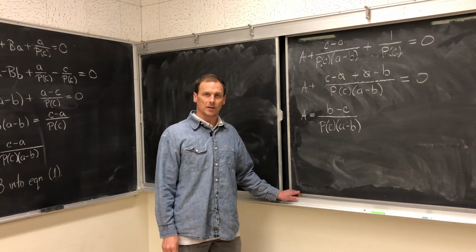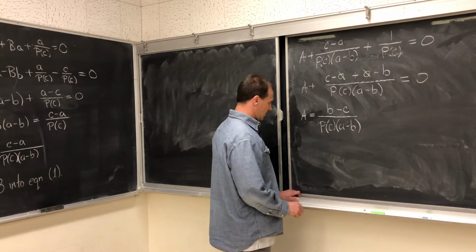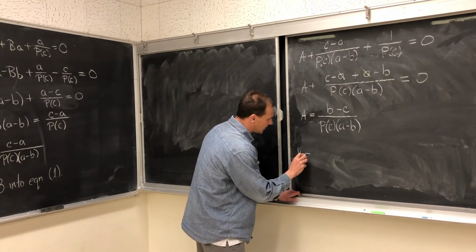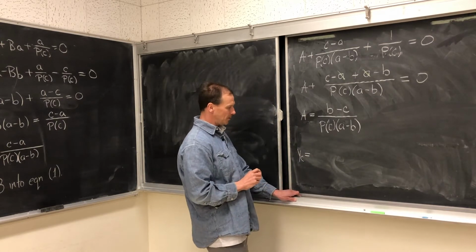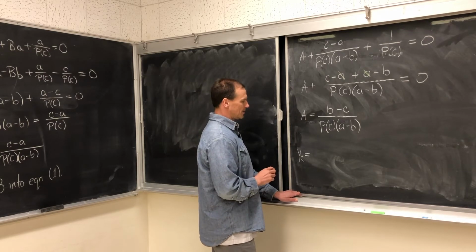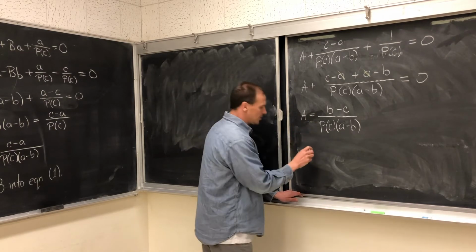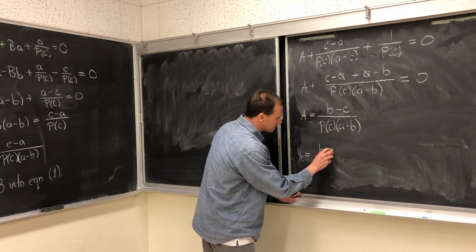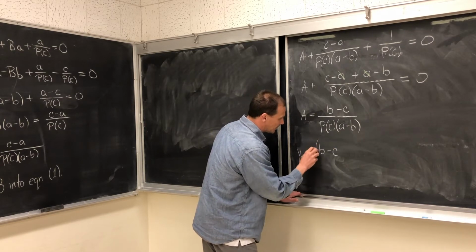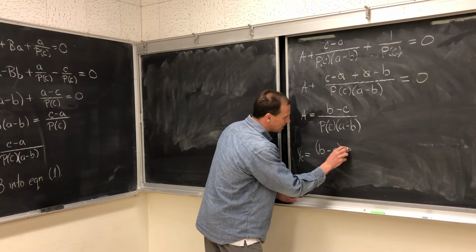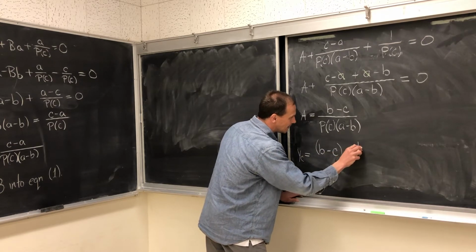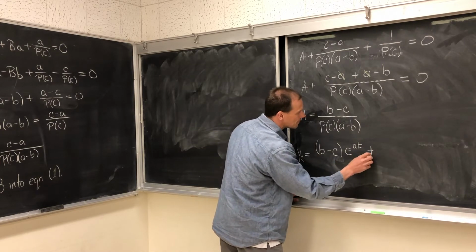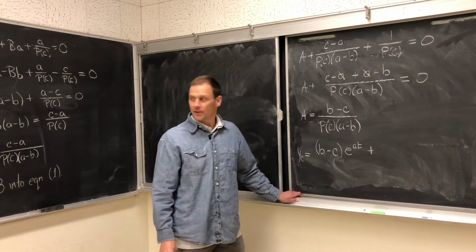Okay, now I have A and I have B. Let's rewrite our complete solution. This is going to be a couple steps. What was our complete solution is A. Oh, A was right there. Goodness. B minus C, I'm going to put this in parentheses, and that's going to be times e to the AT, plus my b.